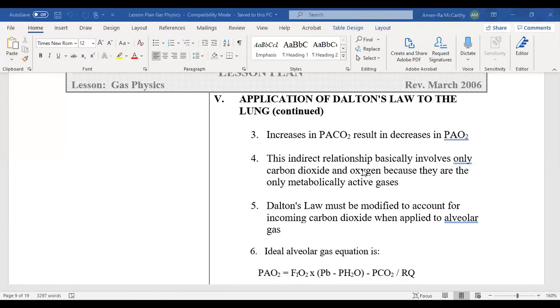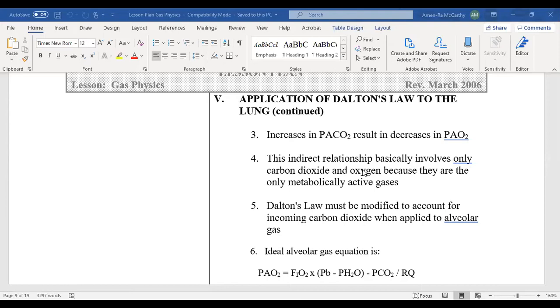Okay, what do I mean by those are the only two metabolically active gases? What does that mean? That oxygen and CO2 are the only metabolically active gases. What am I saying? They affect the way your organs work. How are they related to metabolism?